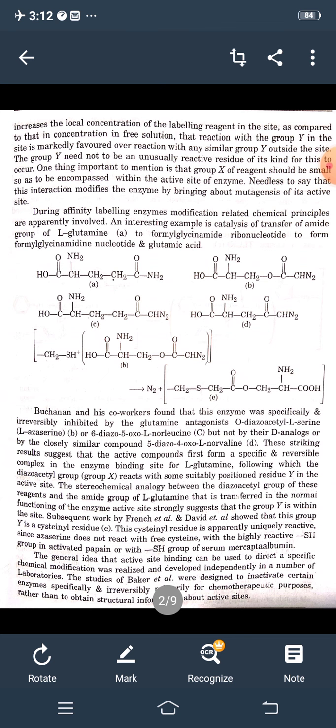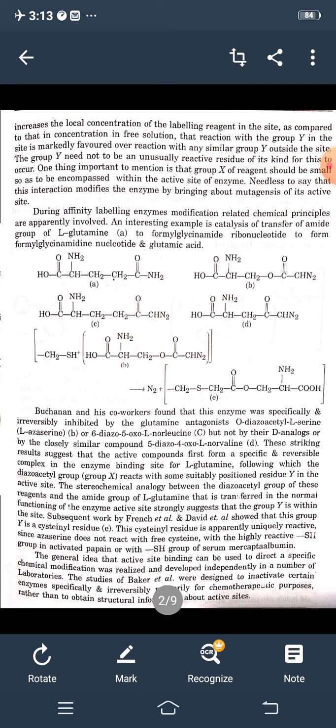The reaction with the group Y in the site is markedly favored over reaction with any similar group Y outside the site. The group Y need not be an unusually reactive residue of its kind for this to occur.